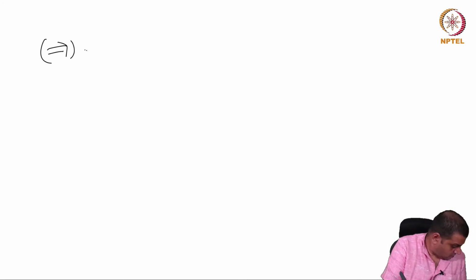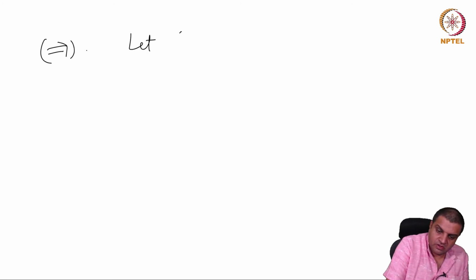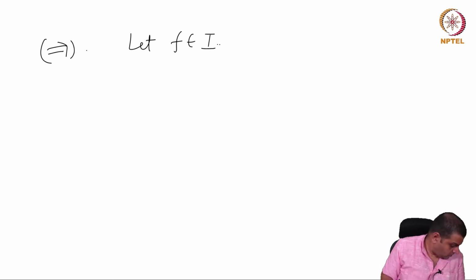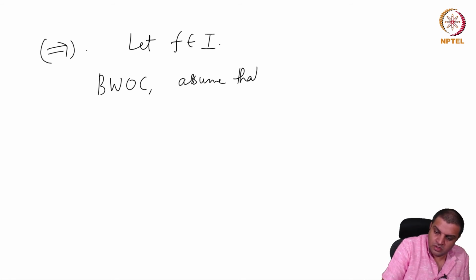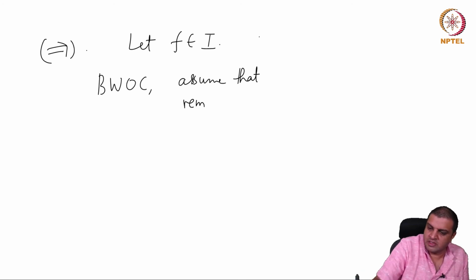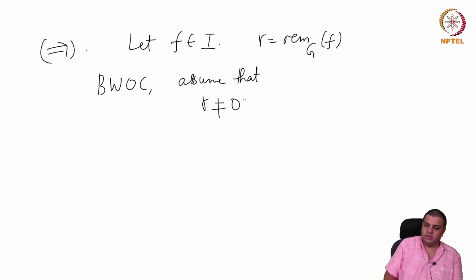Okay, so let F be inside I. By way of contradiction, assume that the remainder, so maybe let's write R for the remainder, is non-zero.